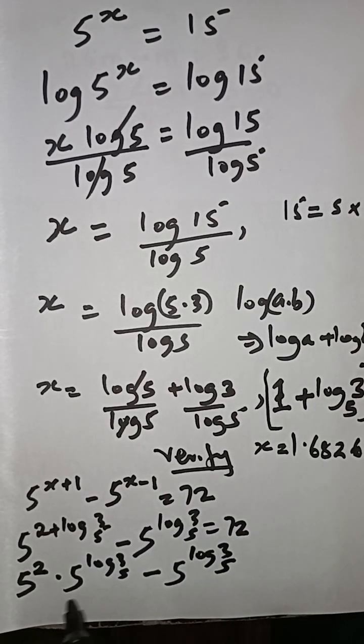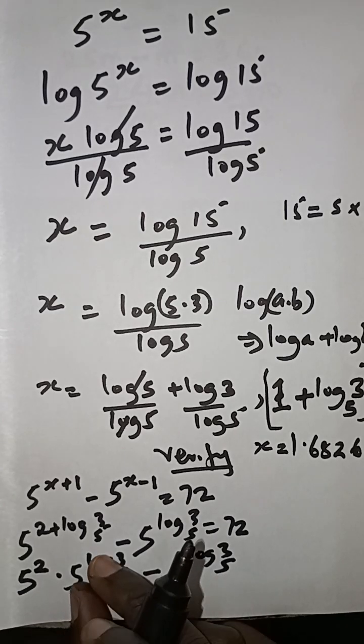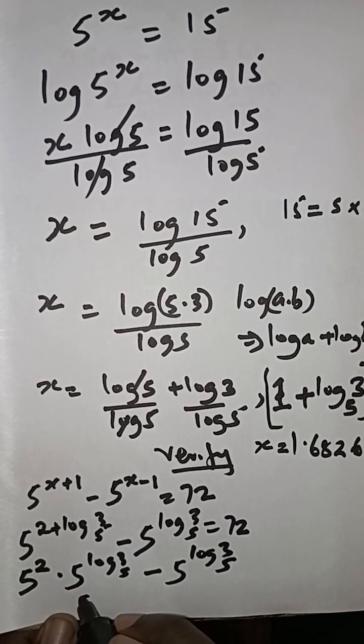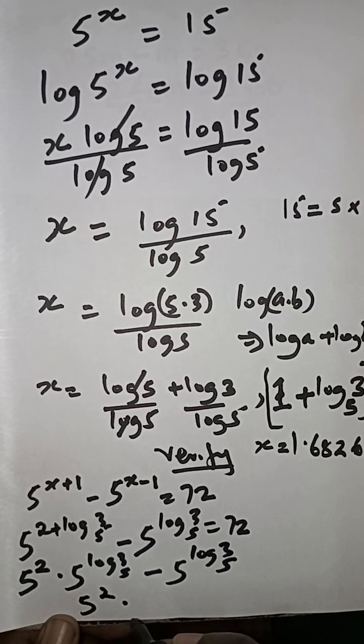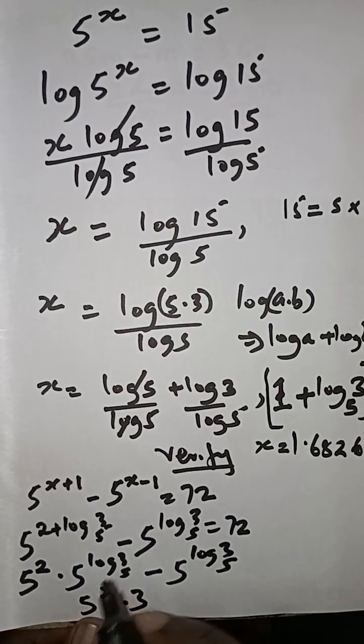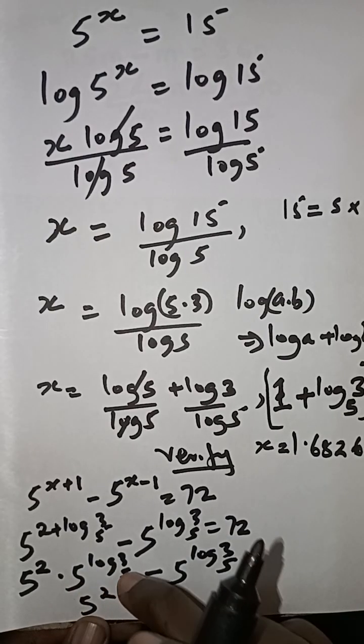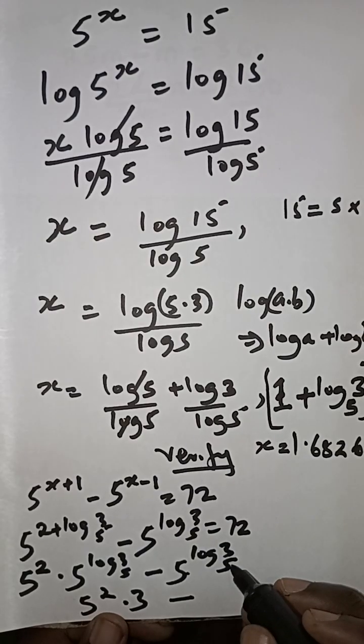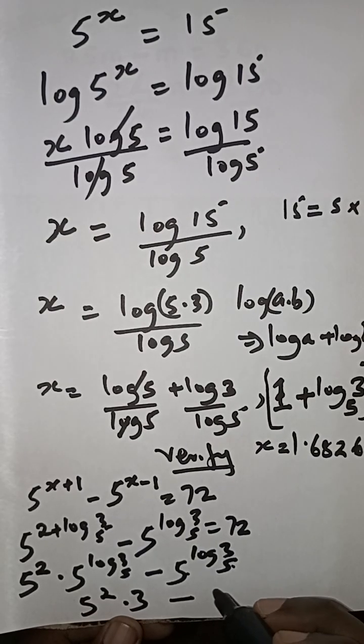So at this stage, you're going to be able to see that the base is 5 on both sides, so the base drops and it's going to remain as 5 to the 2 multiplied by 3, minus 3.